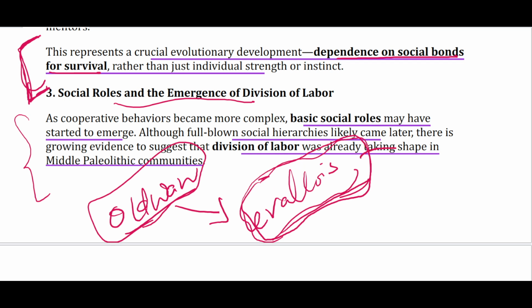This complexity also suggests that a single person could not have executed all the functions simultaneously. Some task division, some division of labor, was there, because otherwise these tasks could not have been completed.